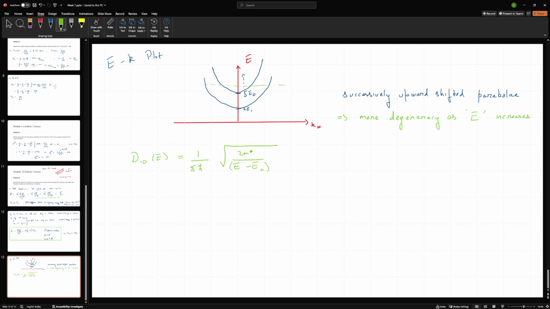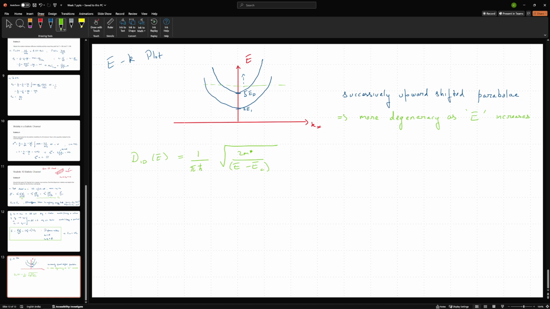This is how we derive the density of states. Notice here that we are essentially considering a level to be the zero energy level, and from there we are considering the dispersion relation and the EK relationship, and then deriving the density of states based on that.